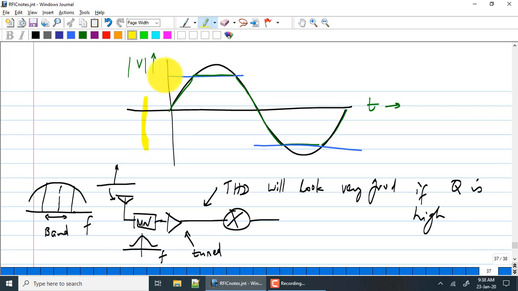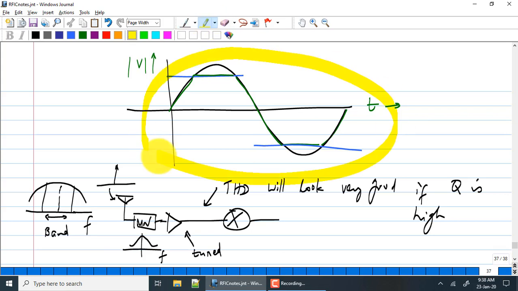So I take this here and I start clipping and then filtering it out. If you look at the power of the harmonic distortion, after filtering, it may look very small. But if I look at the power of the fundamental, I am clearly removing power from the fundamental of the signal, isn't it? Because during parts of the time period, I am not outputting anything related to the input signal. It's just a flat response.